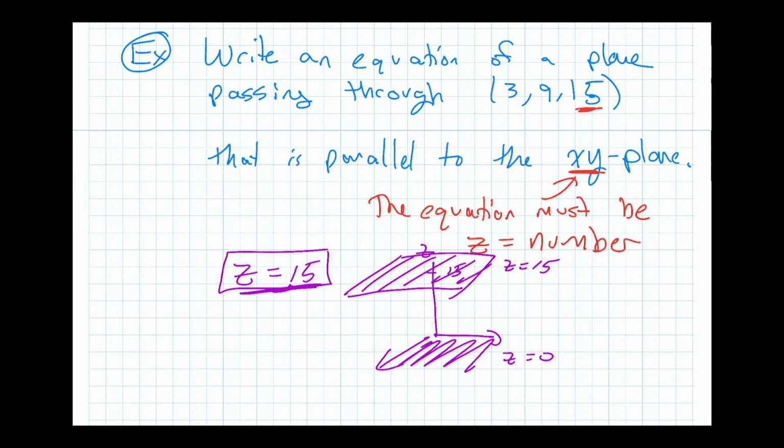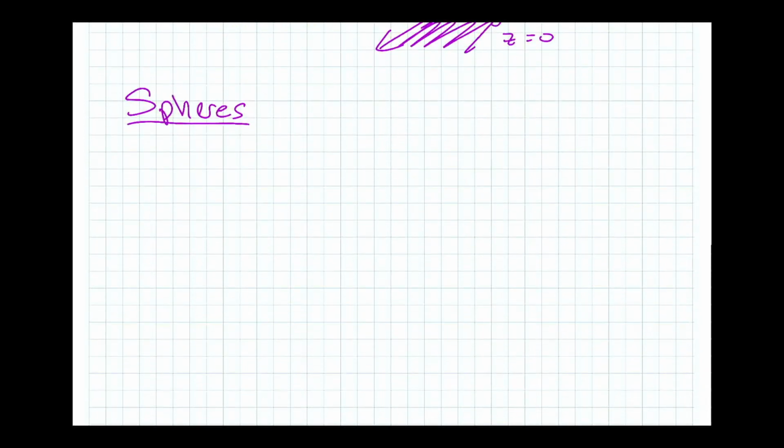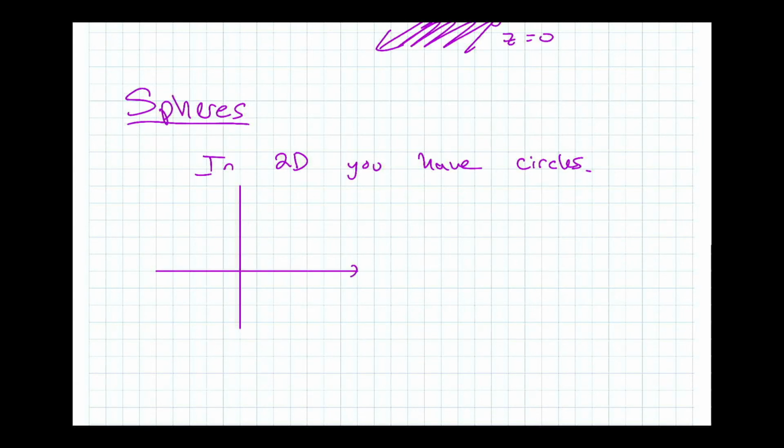All right. Next thing we want to talk about is spheres. So in 2D, you have the equation of circles, right? And you even know, hopefully, well, maybe you don't, right? You don't use it very much.